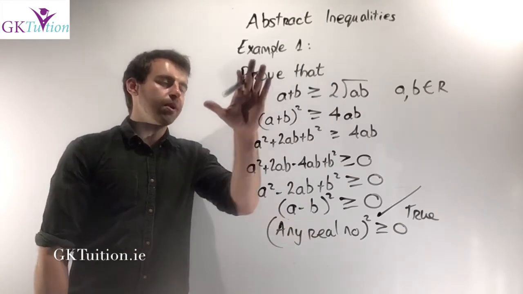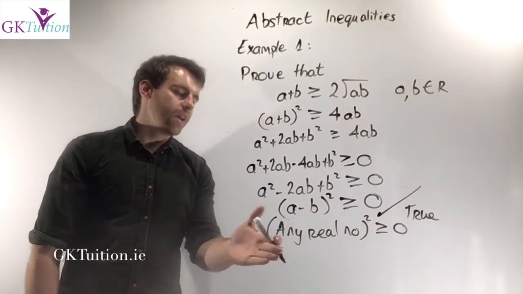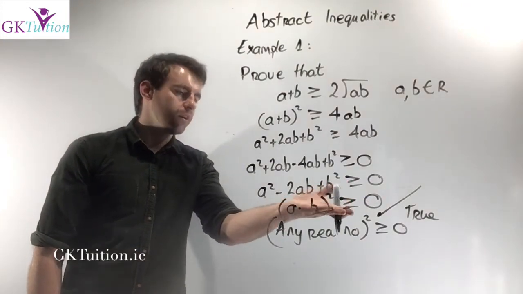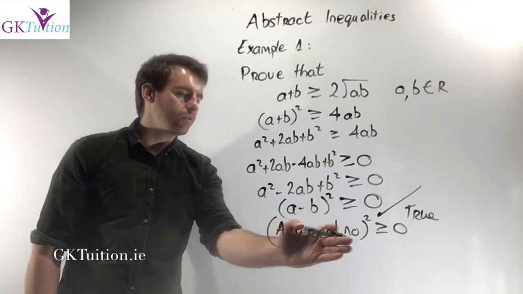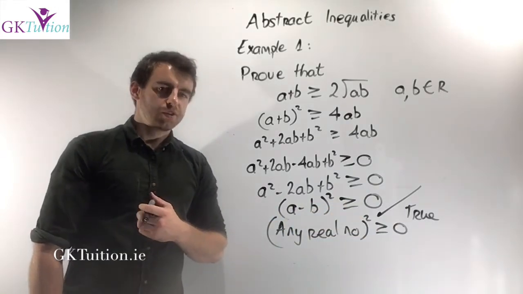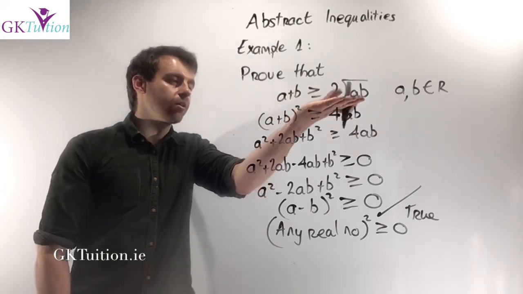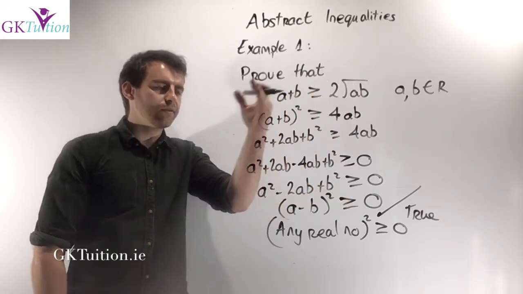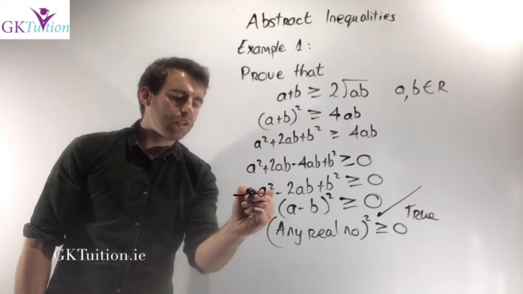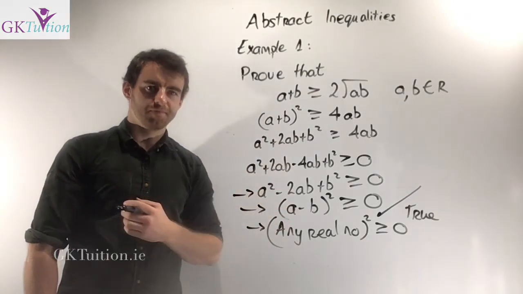That's not going to come into play in these questions, but in order for your justification to make sense, you have to say that this is definitely greater than or equal to 0 because any real number to be squared is always greater than or equal to 0. So the general template in these questions will be eliminate your complication and then move everything to one side, and the last couple of lines will usually look more or less the same as this.